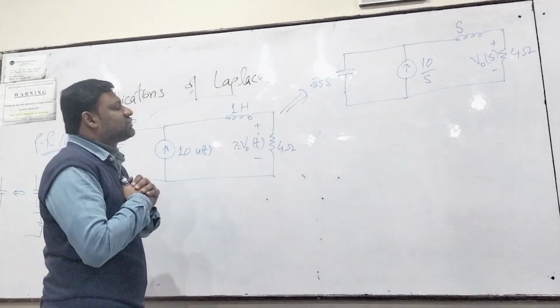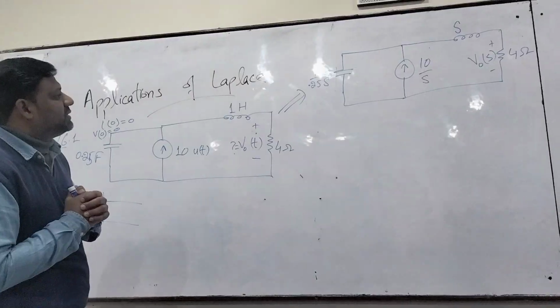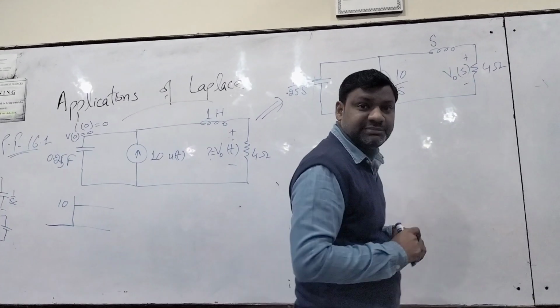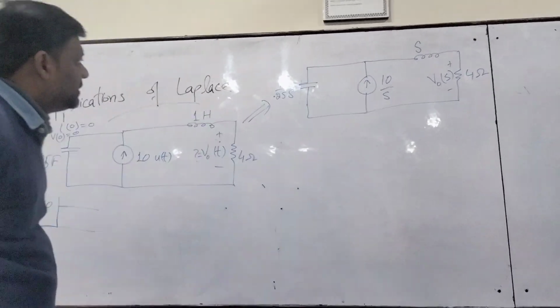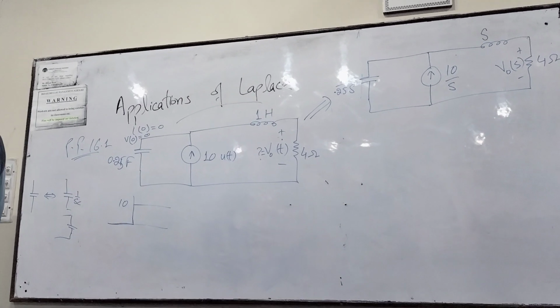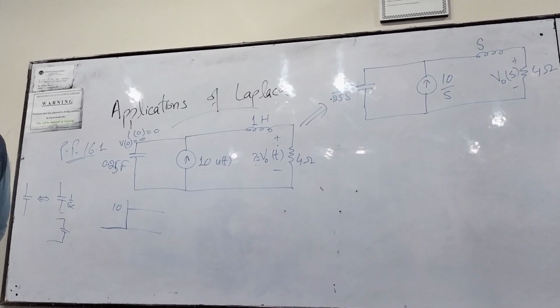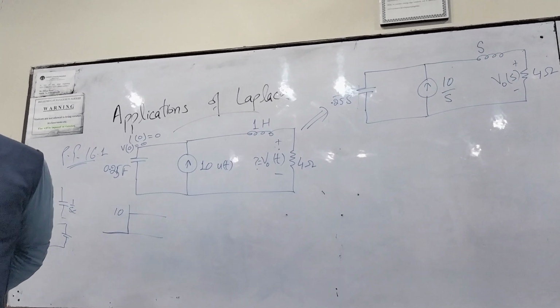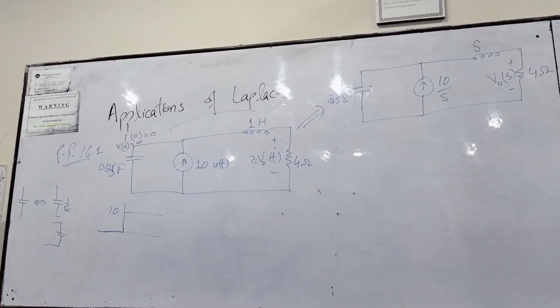So let's try to find the voltage across the 4 ohm resistor. Remember, all the techniques and formulas that we have learned so far, either in ECA 1 or ECA 2, are true.